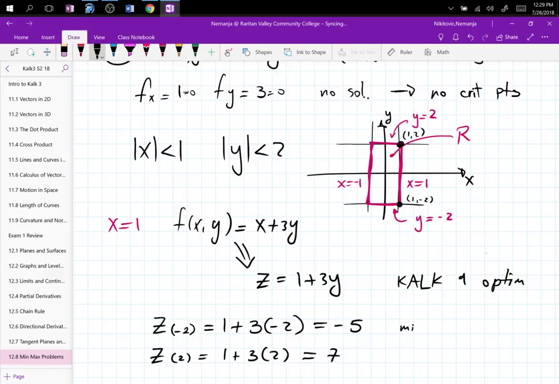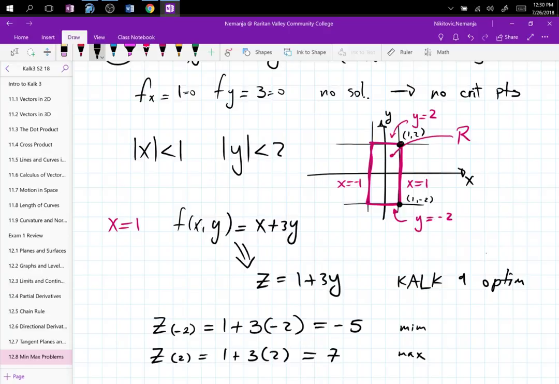So, min, max. So min value occurs, that's just, guys, for this x equals 1 line, because it's at the angle, right? The bottom part, the bottom is the minimum, and the top is the maximum. This is just one line, right? It's 1 plus 3y, which is going to be some kind of line in space, and you're going to have a minimum point and a maximum point, because the length of that line is 4, right?